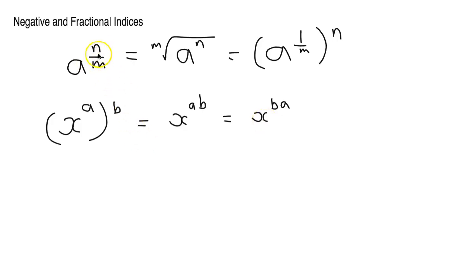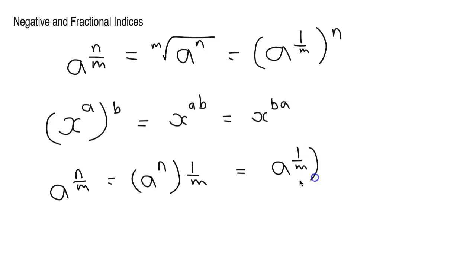So if we have a look at this a to the n over m, using that rule, x to the a to the power of b rule, we can write that as a to the n to the power of 1 over m, or we can write it as a to the 1 over m to the power of n. They mean the same thing.